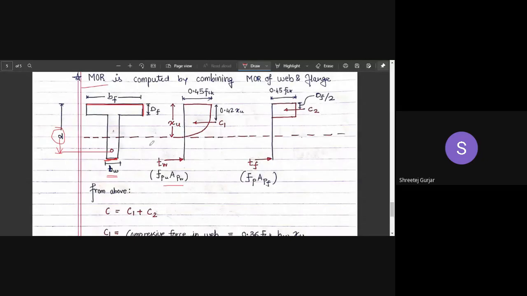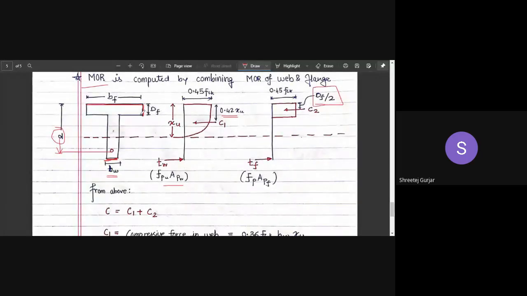Take care while drawing this. TF and TW should be at the level of steel. I've drawn it below, but while drawing you can draw it over here, at the level of steel. Next, C1 is located at a depth of 0.42 XU, and C2 is acting at half of the depth of flange.